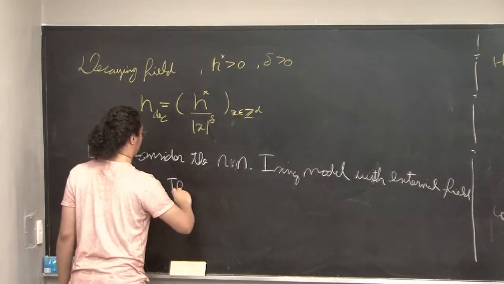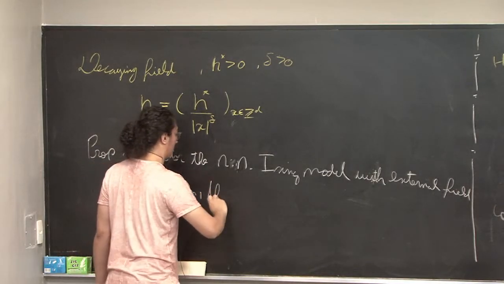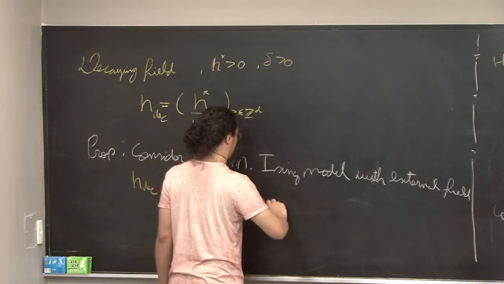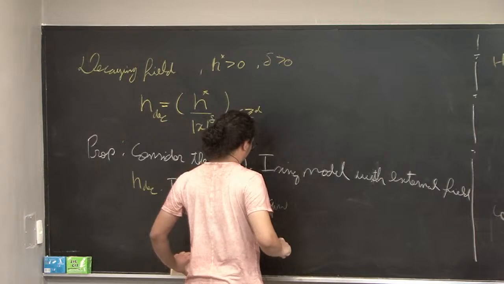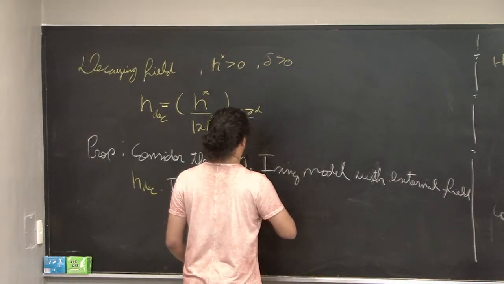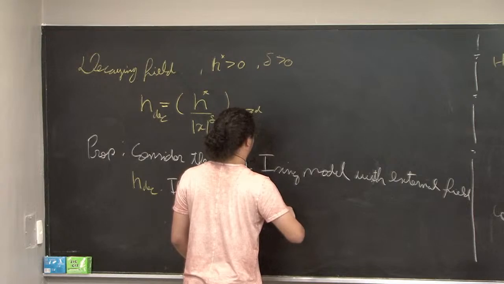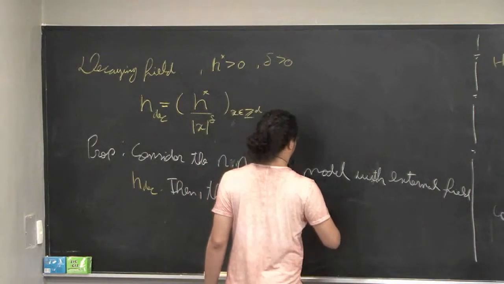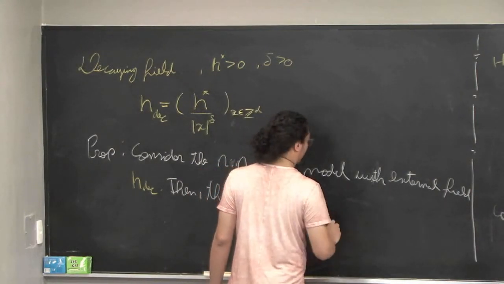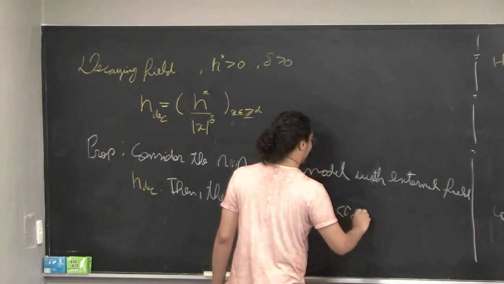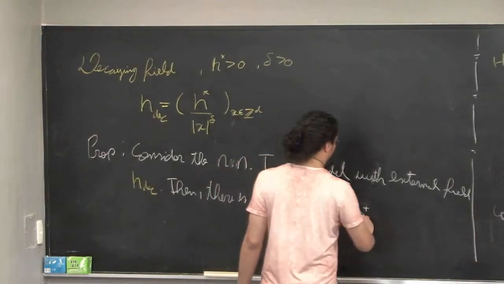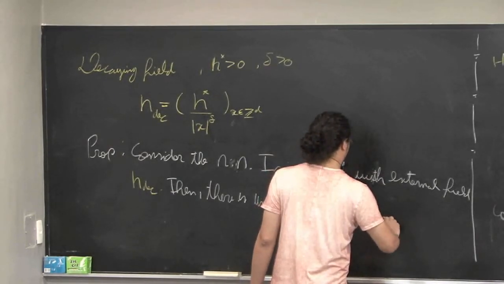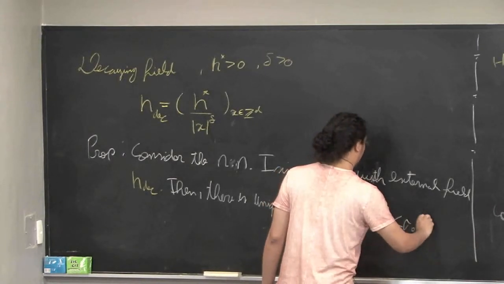Then there is uniqueness if and only if the magnetization at 0 with H deck is equal to the magnetization at 0 with H deck.